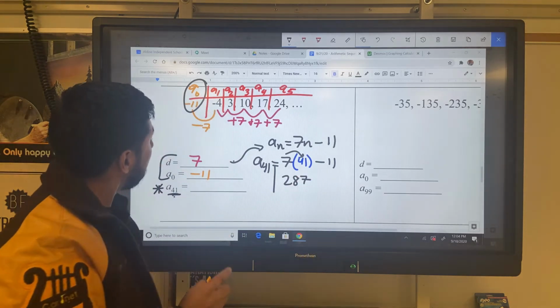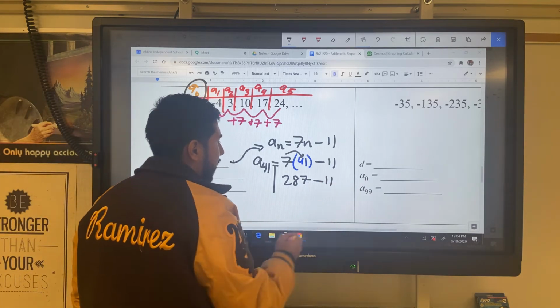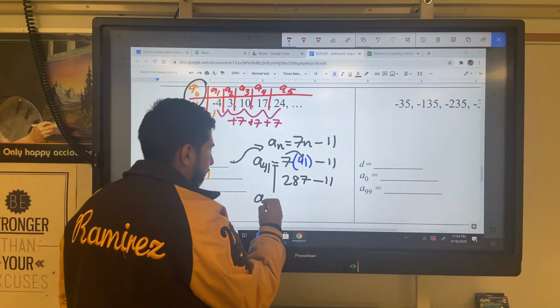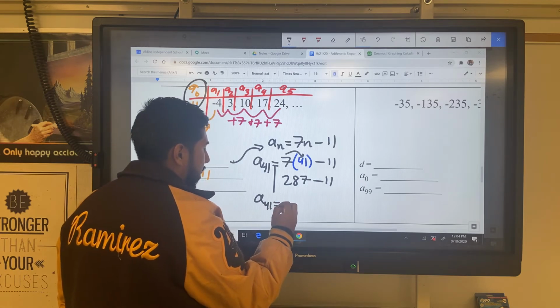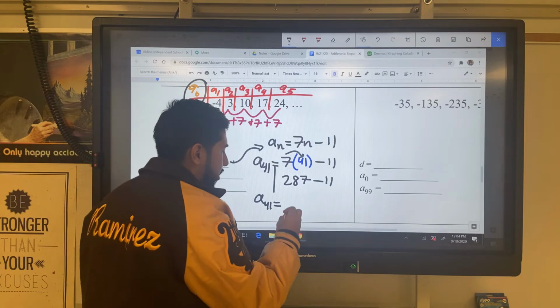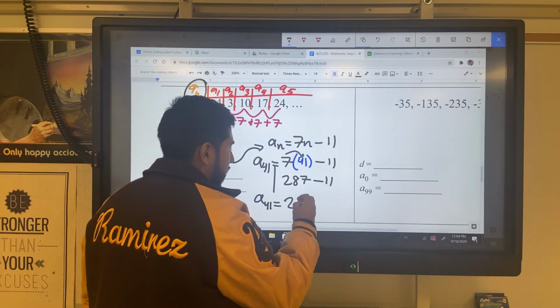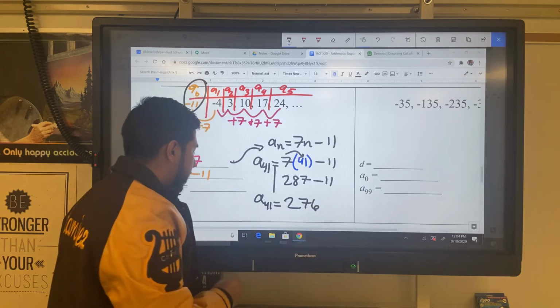Let's bring down the minus 11. So now I should get A41 equals 287 minus 11. Calculator, if you're not sure. I think it's 276.